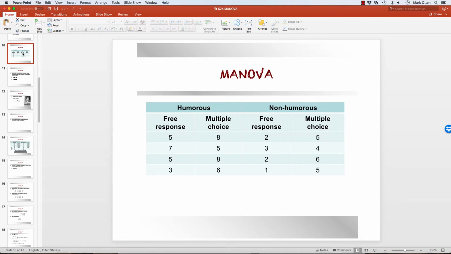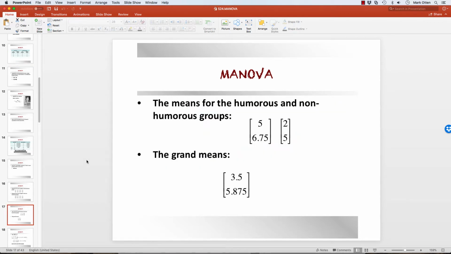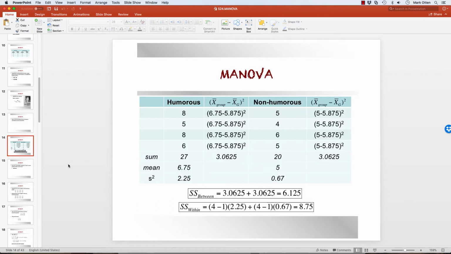So the 2 is the free response mean for non-humorous, and the 5 is the multiple choice mean for non-humorous. The grand means then correspond to the first DV and the second DV, free response and multiple choice, so 3.5 and 5.875. So we saw those. You can also see them in the calculations. For example, for the second DV here, the 5.875 is the featured value every time because that's the grand mean.